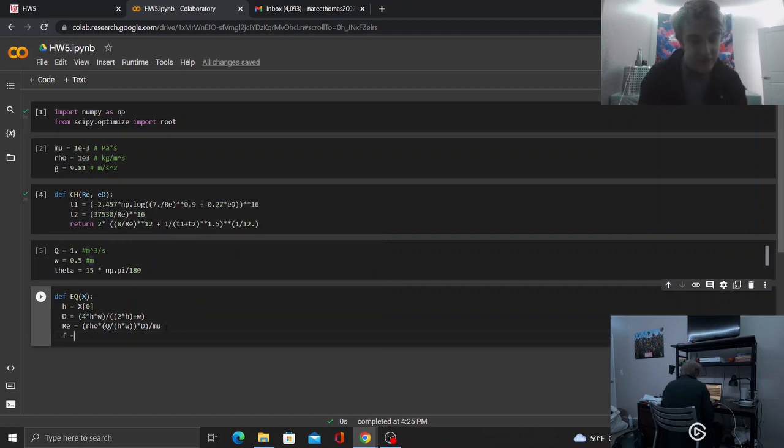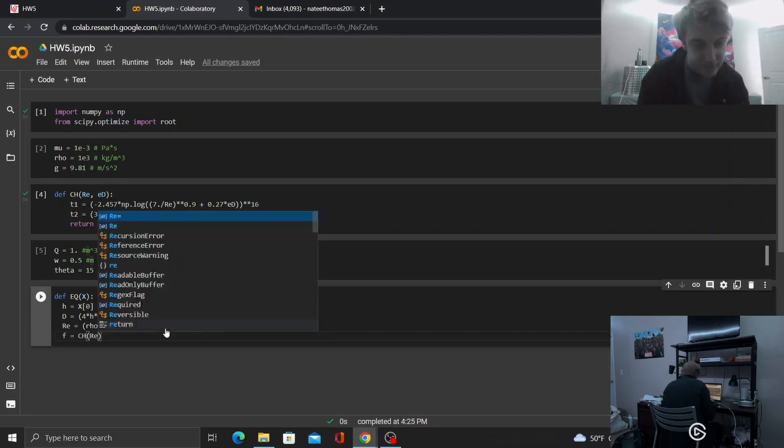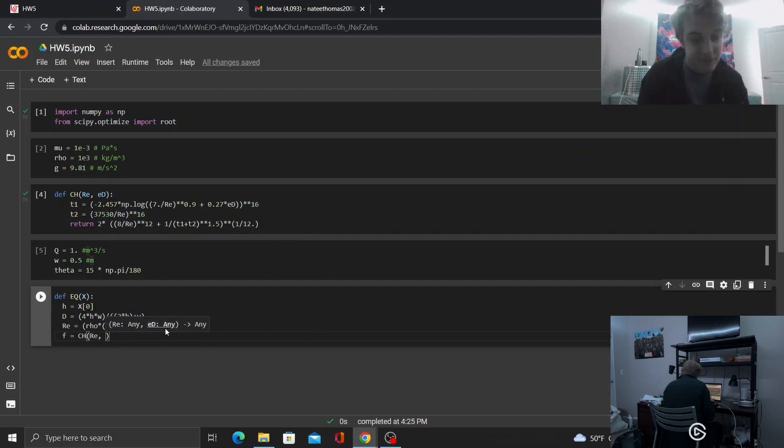And then now we can define our Fanning friction factor, which will just be from our Churchill equation, and we will input the Reynolds number, and our surface roughness will be 1e-6.